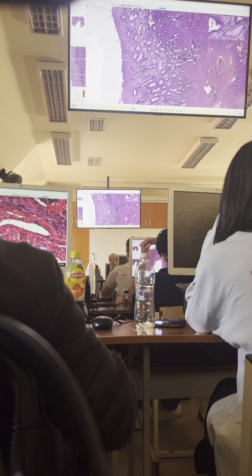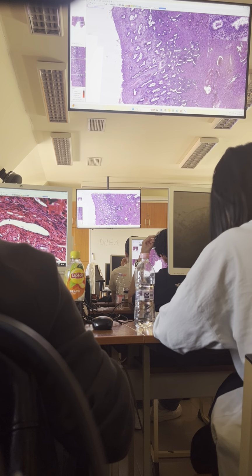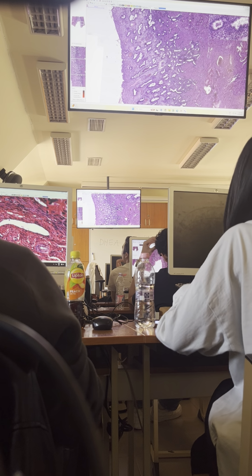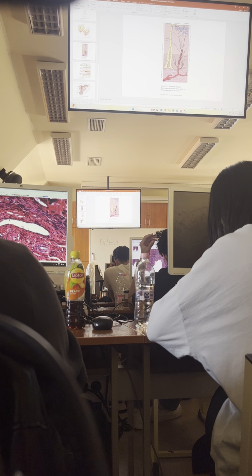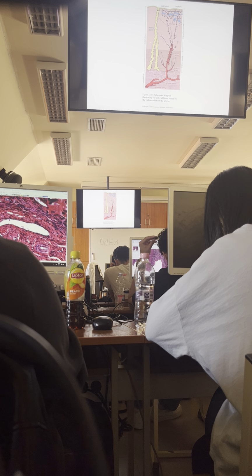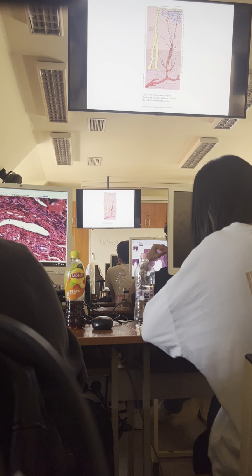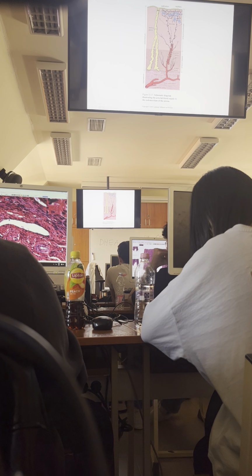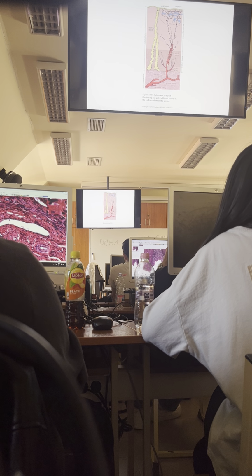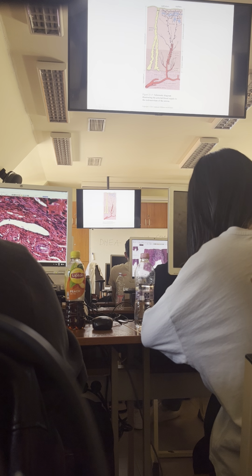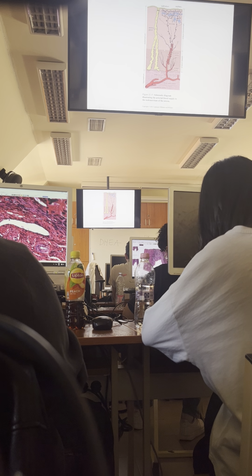Now, I project the slide here, not this one, but this one, showing the endometrium and part of the myometrium here. And you can see a uterine gland here in yellow, and you can see some arteries here.